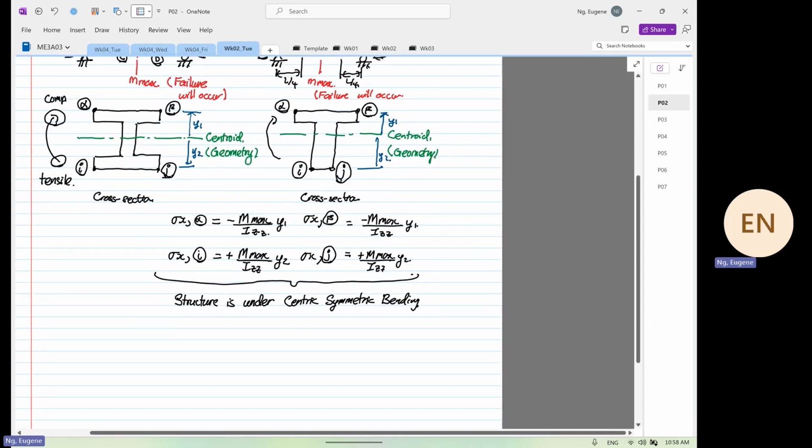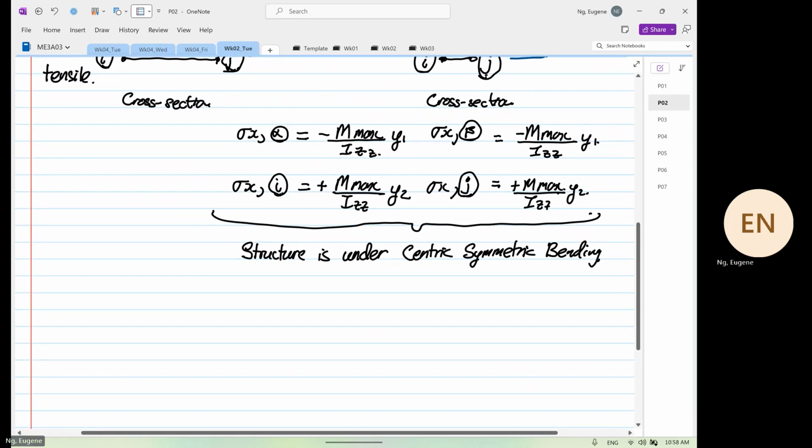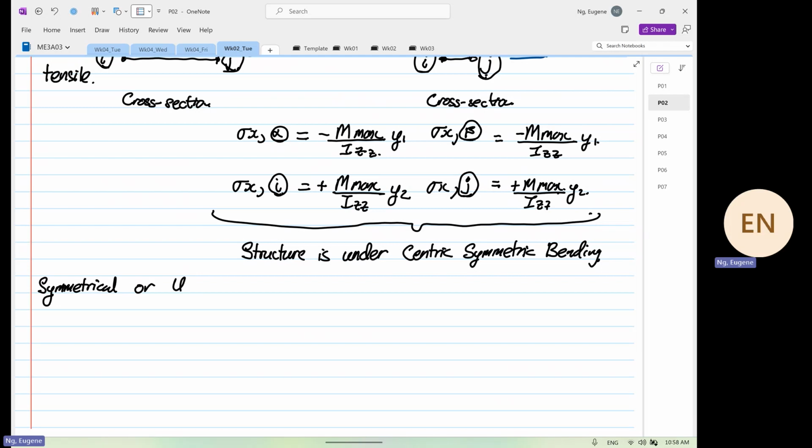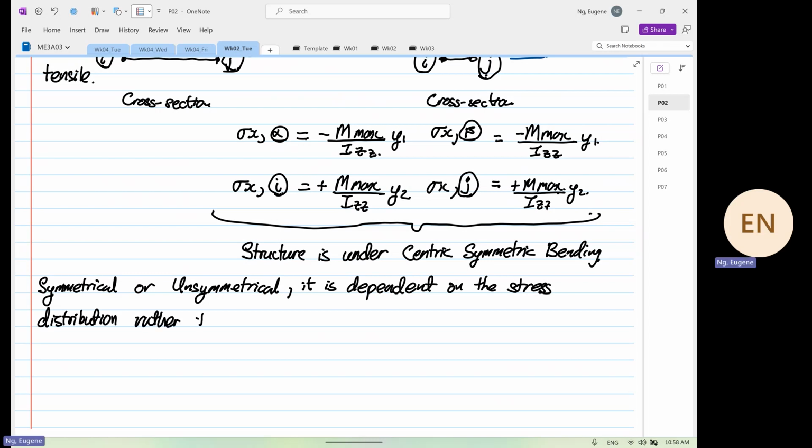So whether it's symmetrical or unsymmetrical, it is dependent on the stress distribution, rather than geometry or loading configuration.